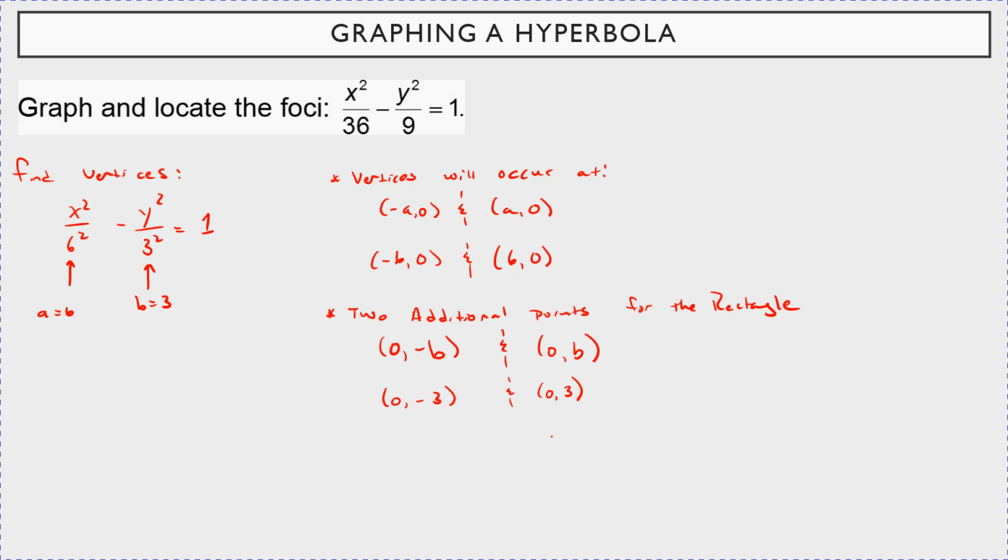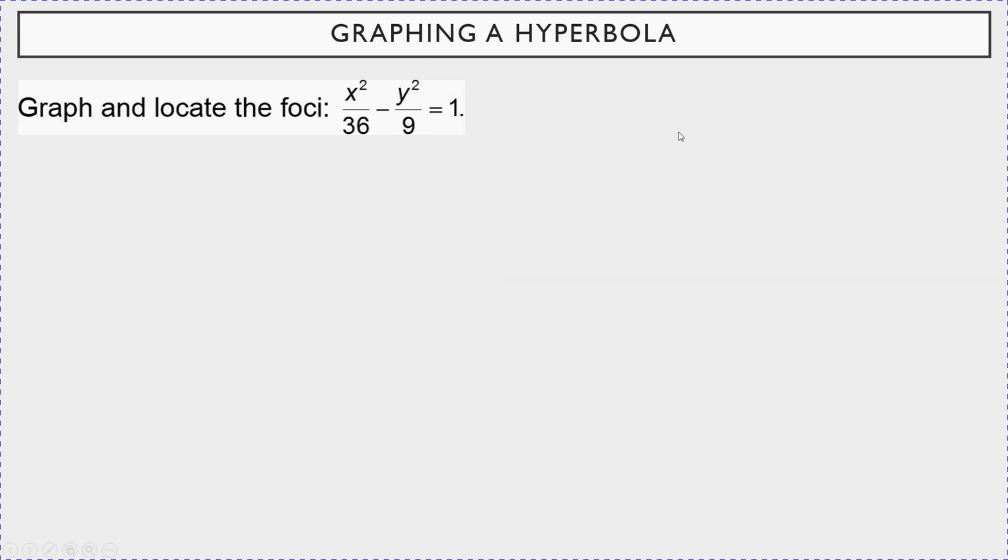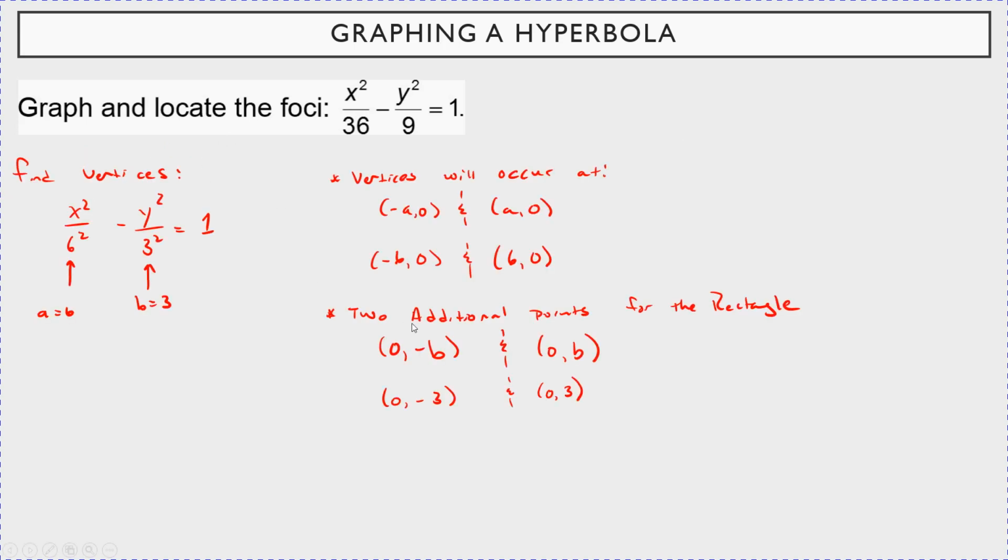Just so you can see everything that's going on, before we even get to the graph, let's find the asymptotes and the foci, using the equations that we had in the previous slides. So this has 2 asymptotes.